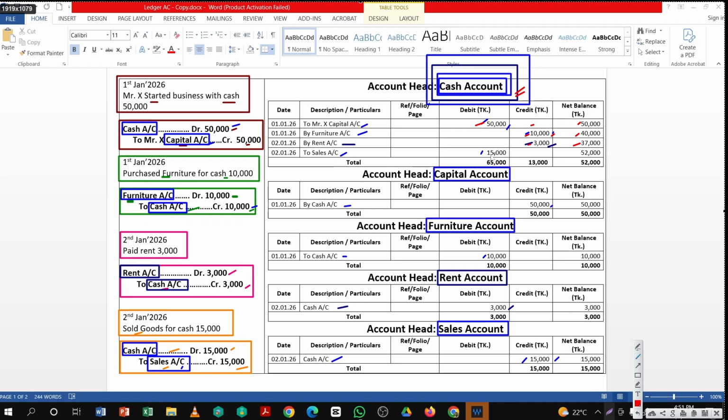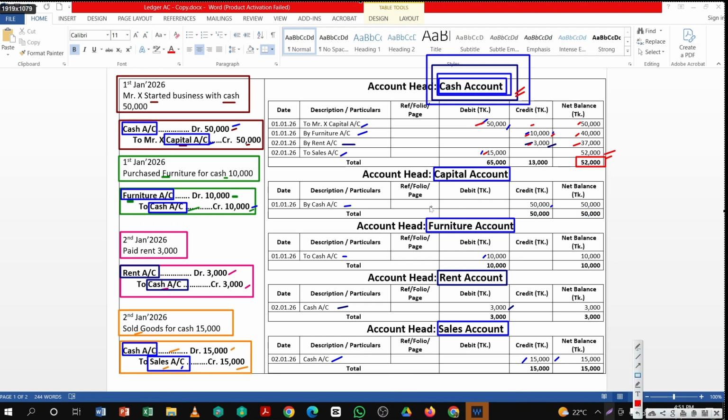To sales account, debit 15,000, cash increase, so 37,000 plus 15,000 equal to 52,000. Cash account balancing figure is 52,000. This 52,000 will be debit side balance because debit balance is greater than credit balance.